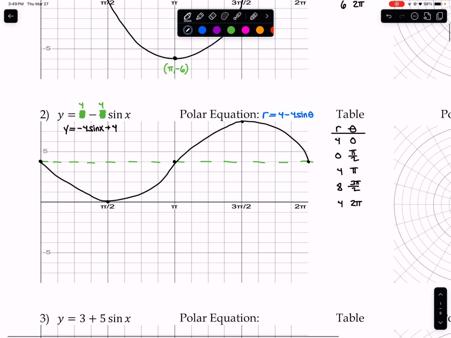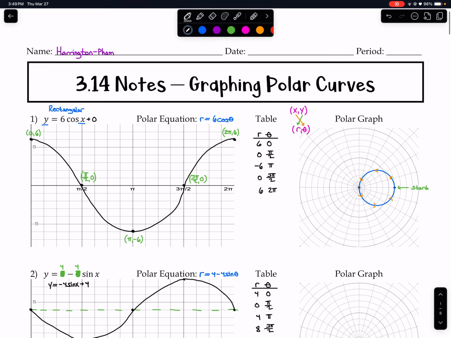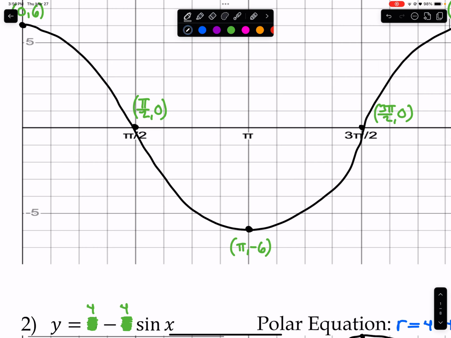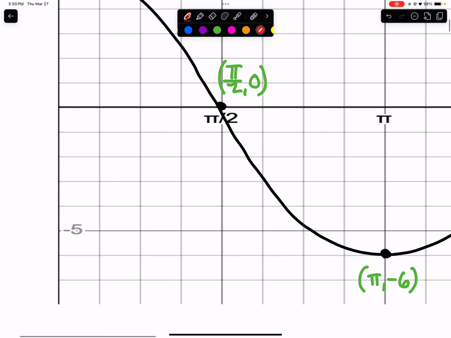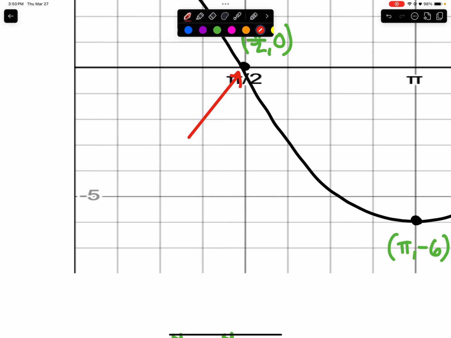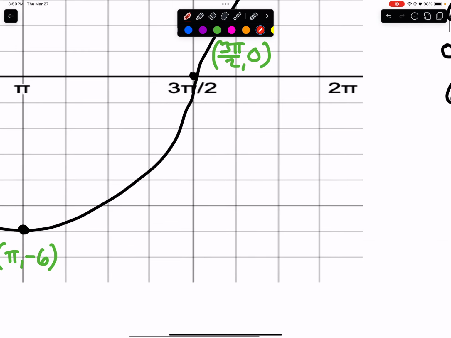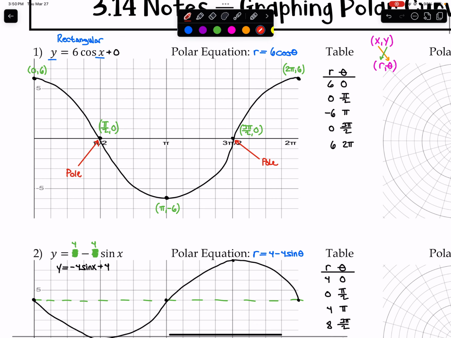Now, one thing I did forget to mention on number 1, my apologies, I'm going to come back up here, I just thought about it. Whenever we cross the x-axis on our rectangular graph, that's a very important little detail, because what that tells us is we're actually going to cross the pole when we do a polar graph. Since we have 2 x-intercepts, when we are doing the polar graph, we are going to pass through the pole.